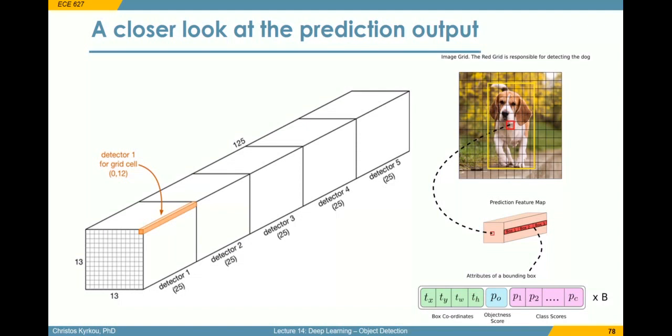And the key thing here is the position of a detector is fixed. So it can only detect objects located in that particular cell. Each one predicts a single bounding box, and like with a regular classifier, it predicts a number of classes using a classification metric, and we get the maximum of these classes to assign to the bounding box.